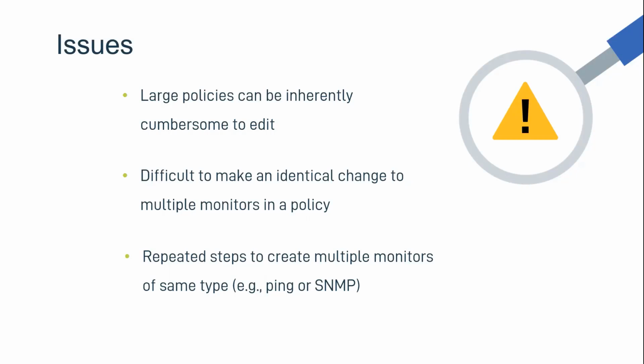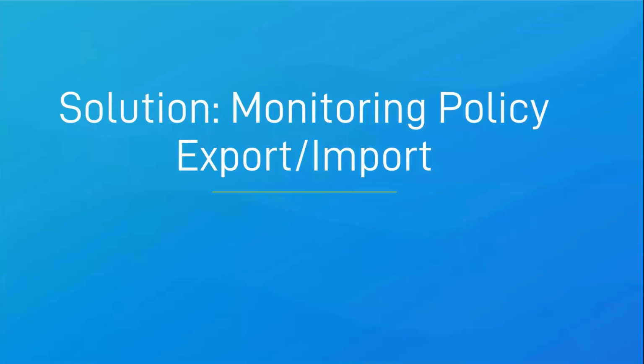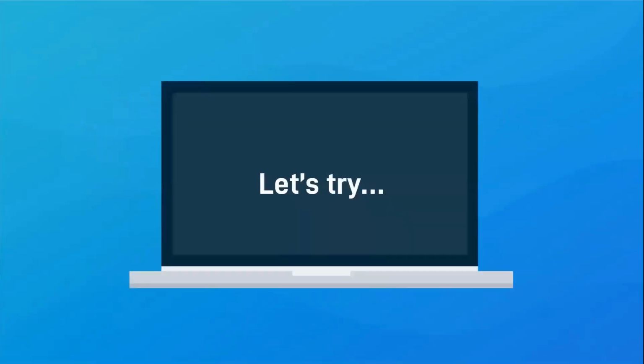Or maybe you need to build a custom SNMP policy for specific voice over IP or other networking devices. A potential solution to this is to actually edit your monitoring policies outside of Datto RMM using policy export and import. So let me show you how to do that right now.